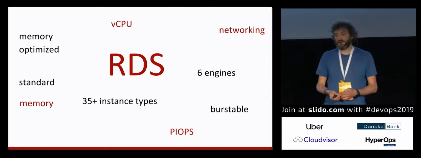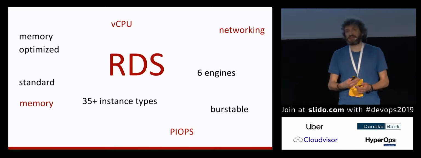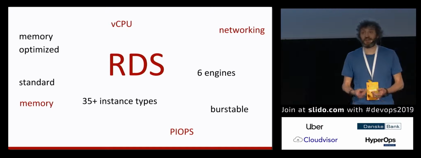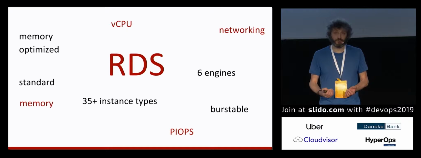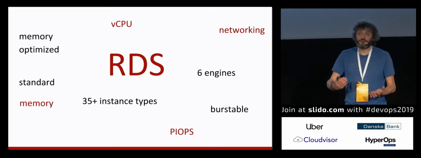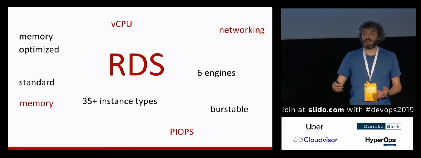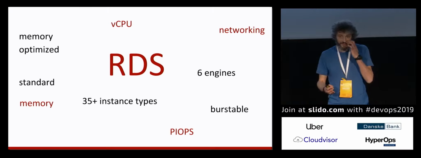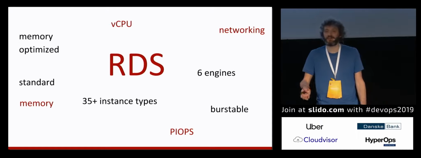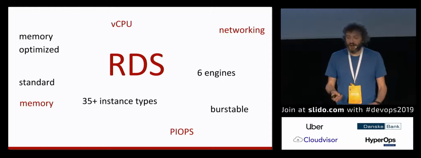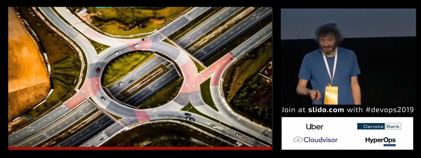And each one of them offers, of course, different CPU, different memory, different ratio between CPU and memory, different networking, different IOPS. So the combinations are quite a few, and even choosing which one you really need, and which one you want to use in your logic to elastically scale automatically becomes quite complicated because, as long as you just do vertical scaling inside the same class, it's quite simple. But when you consider all the variables, it becomes quite complicated and fragile as well.